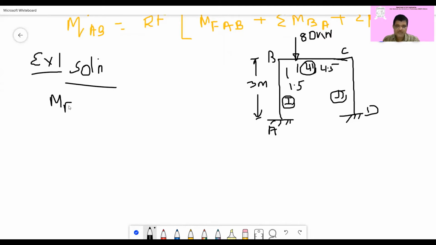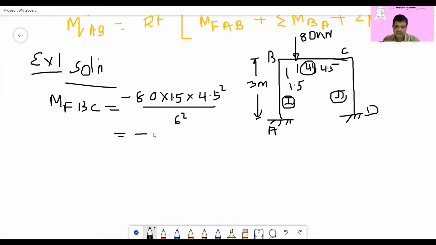There is no moment in AB and CD, so that will be 0. MFBC is equal to minus W A B square by L square. So minus 80 into 1.5 into 4.5 square by 6 square, which comes out to be minus 67.5 kilonewton meter.